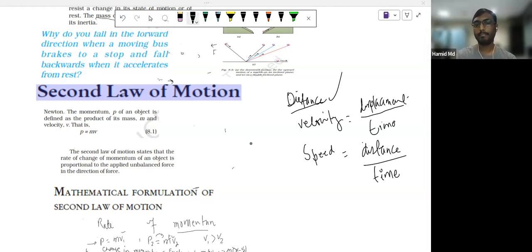Go ahead. Speed is a scalar quantity and velocity is a vector quantity. So what does it mean? Both are measures of motion, right? What is the connection between these two? Is there any connection?